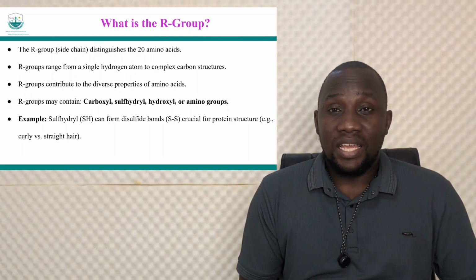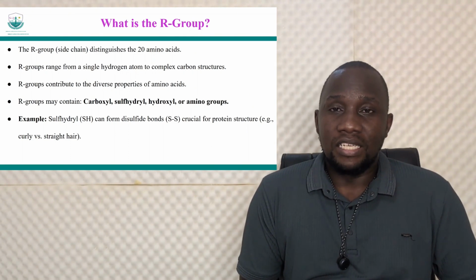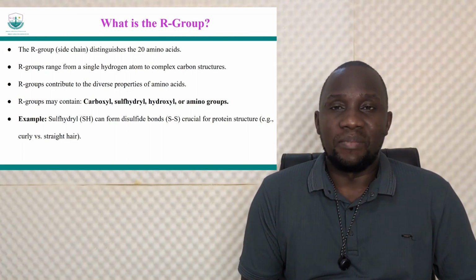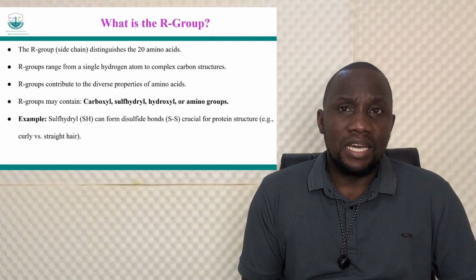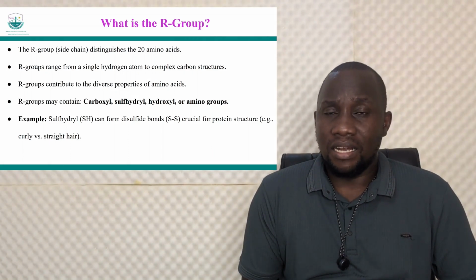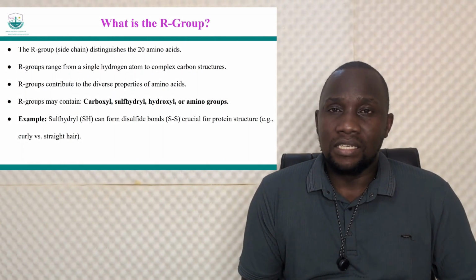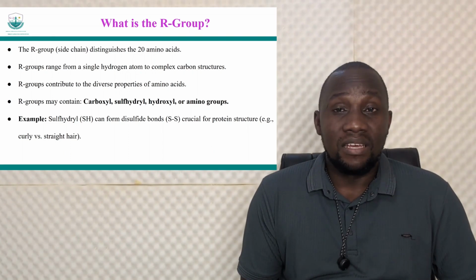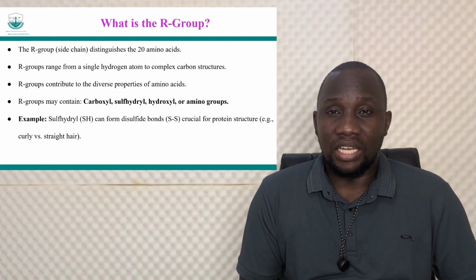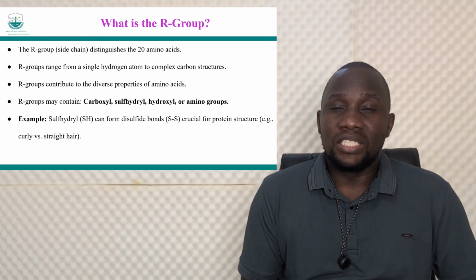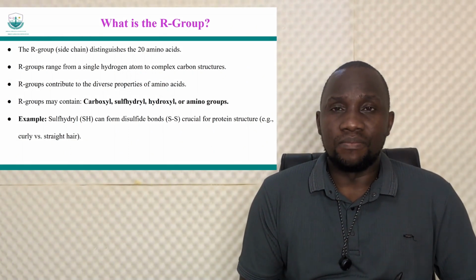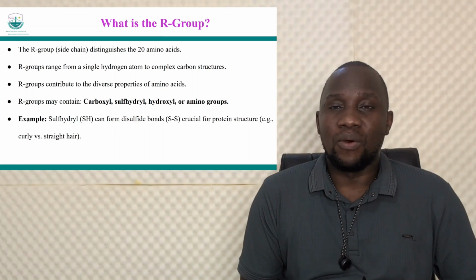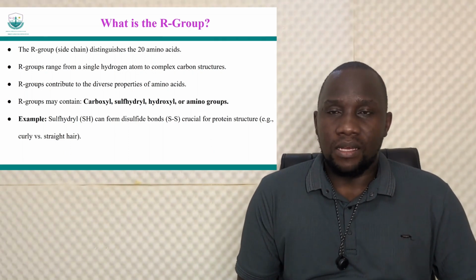Okay, so the R group we are saying is the side chain, and it can differ in different amino acids. We have over 20 amino acids, and the R group can be a hydrogen atom, or it can be a complex compound that is connected there.